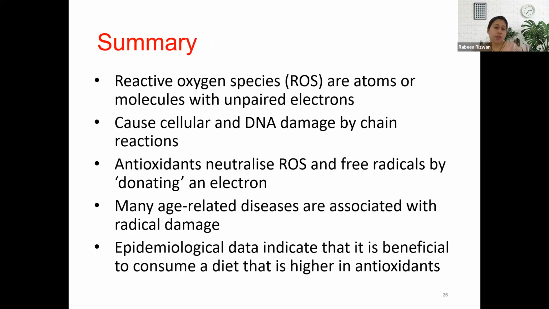So what we have covered in today's session is what reactive oxygen species are, and that they have a less and unpaired electron. That's why they are highly unstable and highly reactive to make themselves stable. At the cellular and molecular level, they cause damage to our body organelles and parts like DNA, cell membrane, proteins, and enzymatic damage as well.